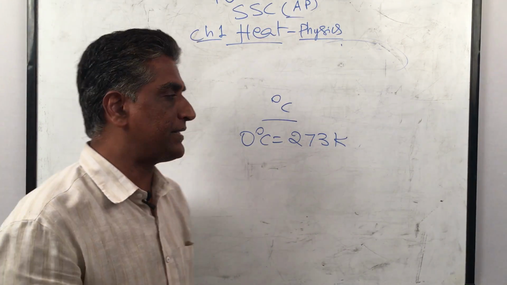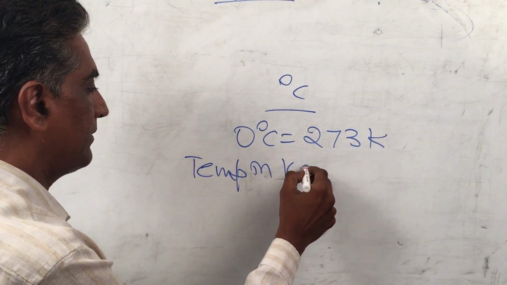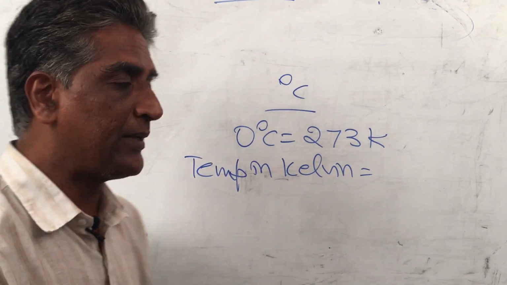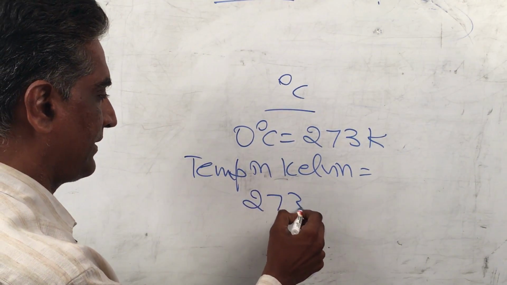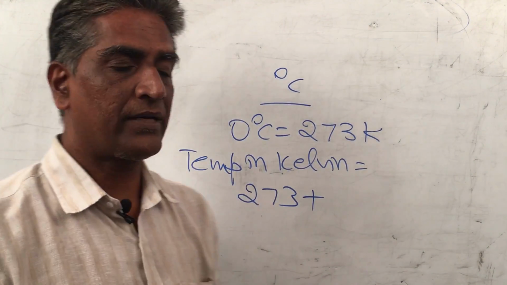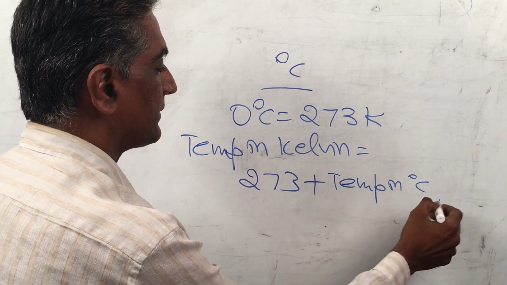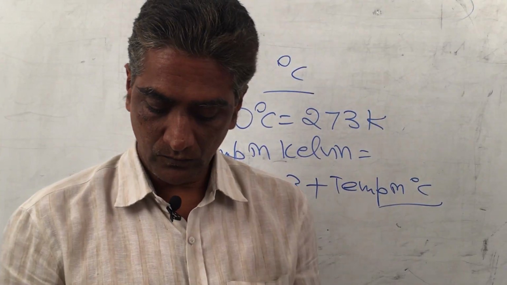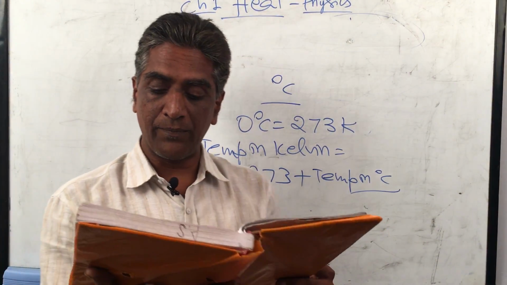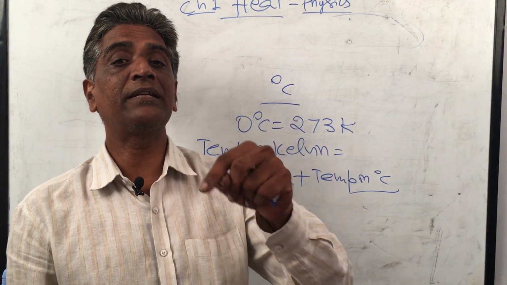It's very simple. Temperature in Kelvin is equal to 273 plus the temperature in degree Celsius. Add 273 to the temperature in degree Celsius to get the temperature in Kelvin.